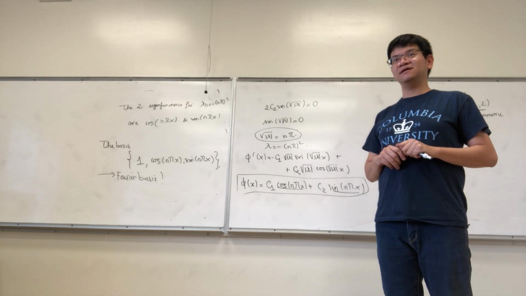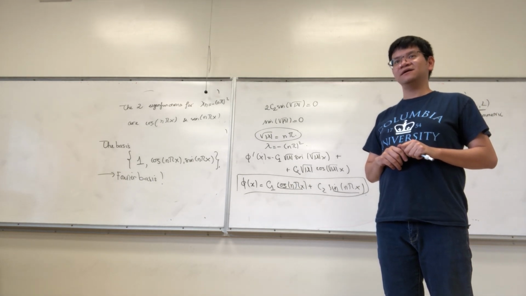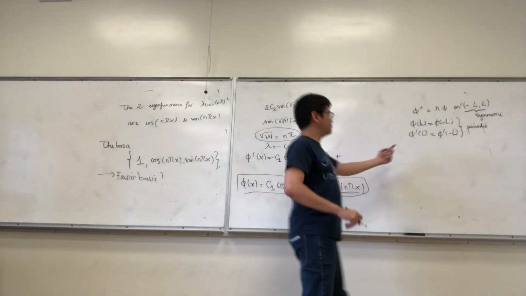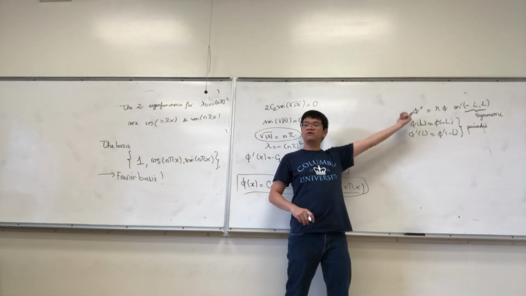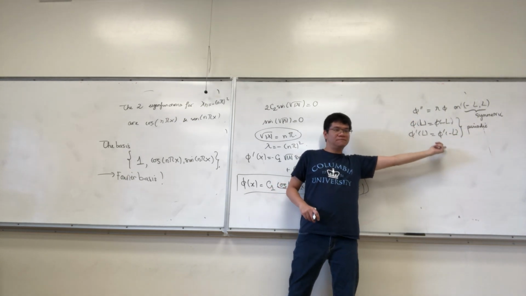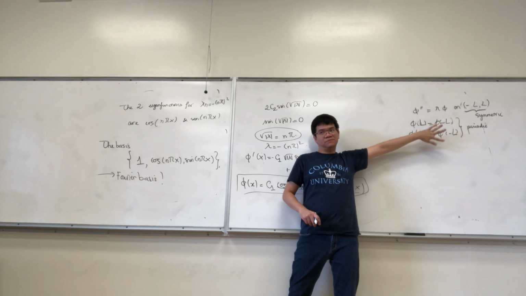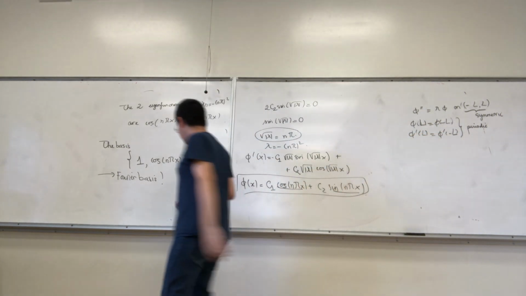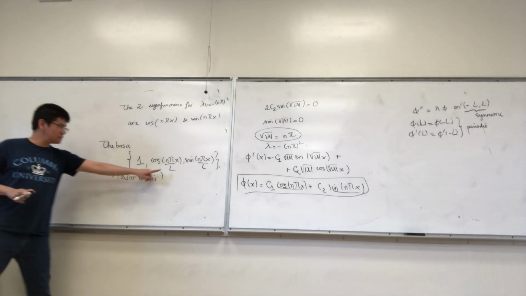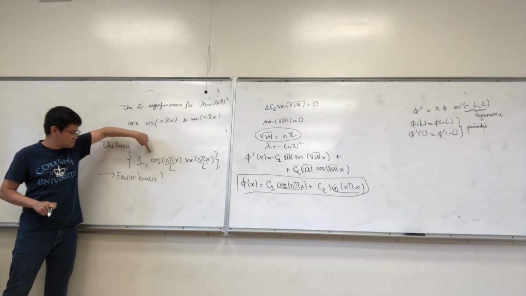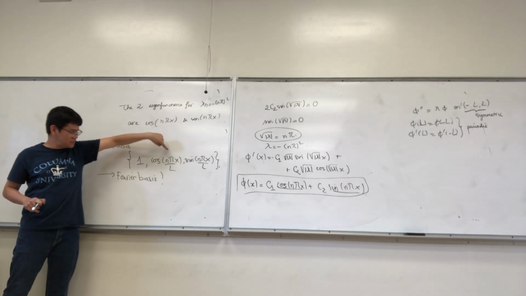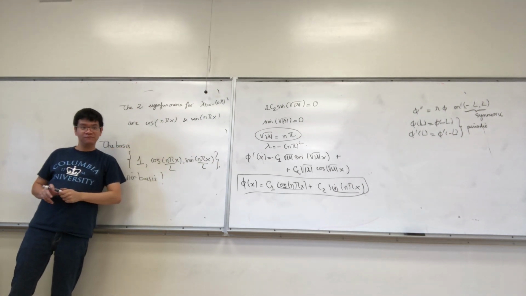Right, it's just the form of the Fourier basis, like 1, cosine n pi x over L. So if I solve this eigenvalue problem on a domain from -L to L and put a periodic boundary condition on L, you're going to get the same Fourier basis on the interval from -L to L, which is 1, cosine n pi x over L, sine n pi x over L, right?